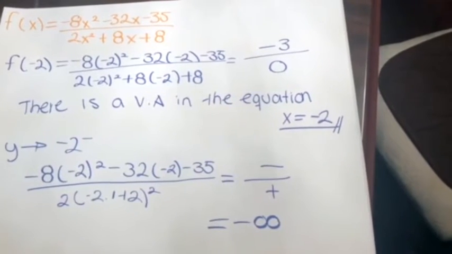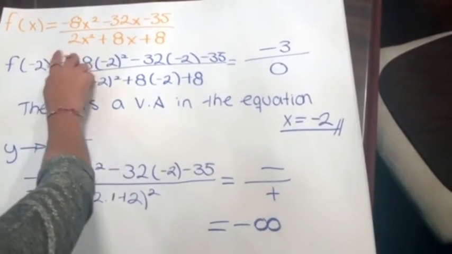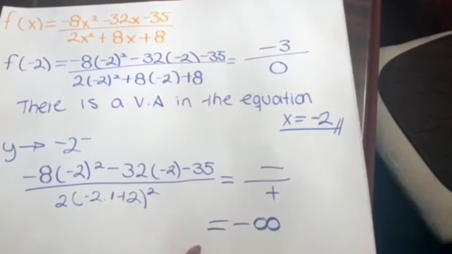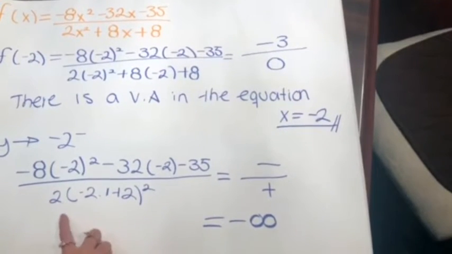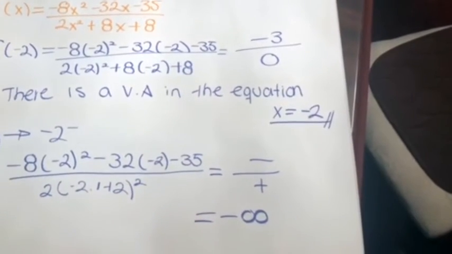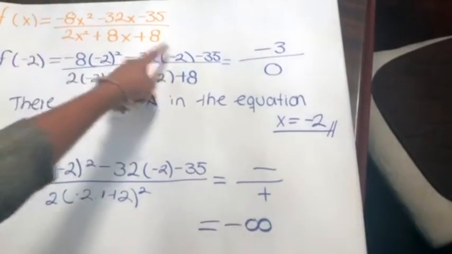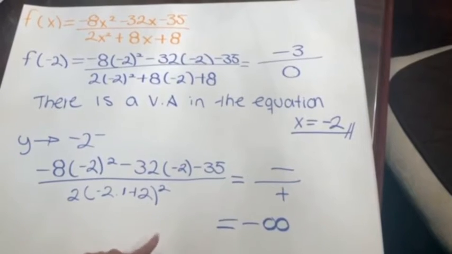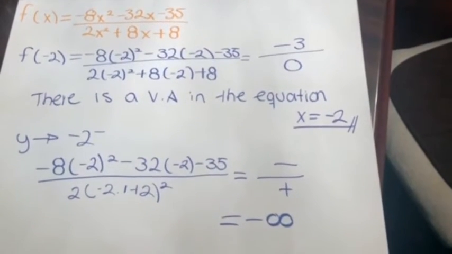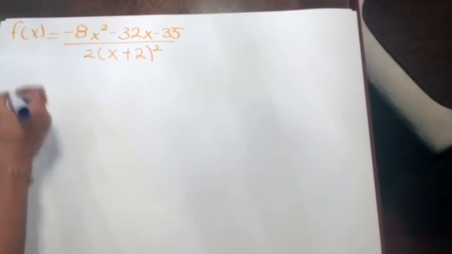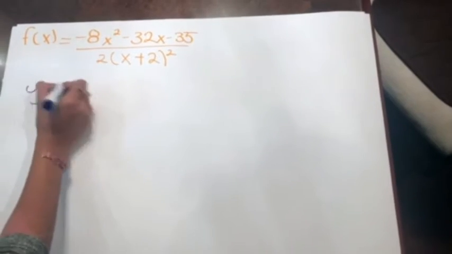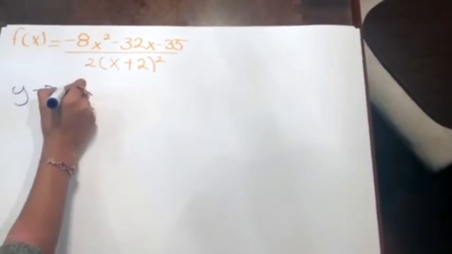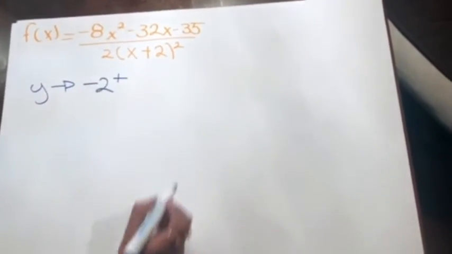If you remember, when we got the domain, we factorized the denominator. And that is why we didn't use 2x squared plus 8x plus 8. We use the factorized form of this, that will be 2 times (x plus 2) squared. Now, we need to get the behavior of the graph when it is after minus 2.